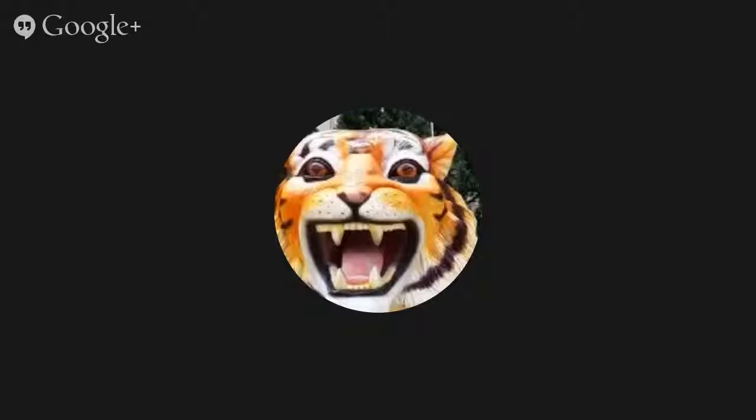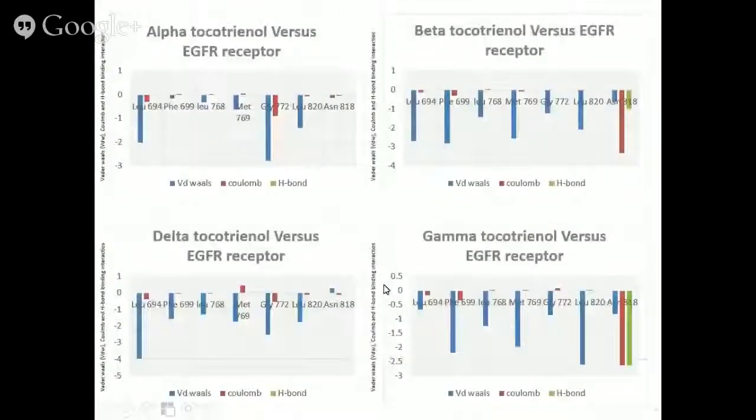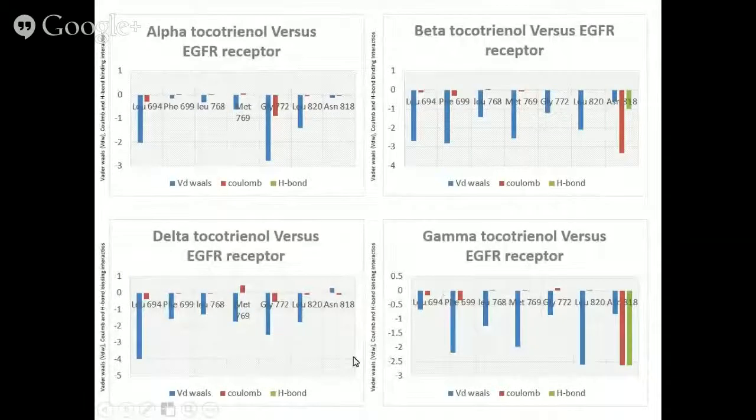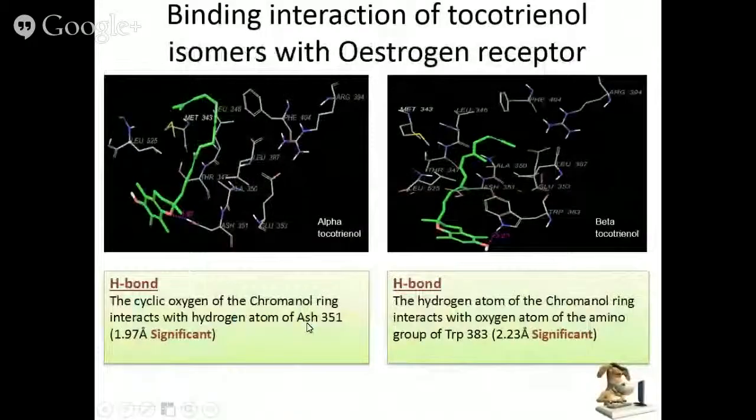Van der Waals and the Coulomb energies are negative, which shows that there is a strong interaction between the receptors and the tocotrienol. Also, I docked the tocotrienol against the isomers of estrogen receptors.